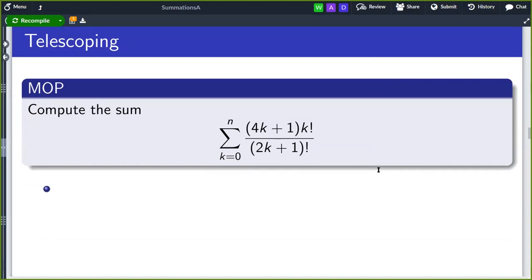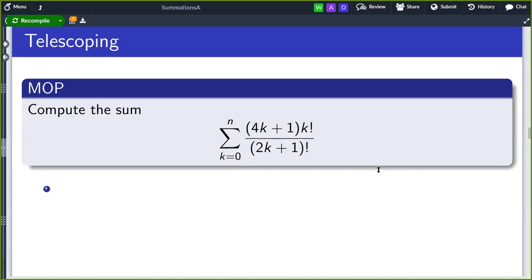Some people are suggesting to write the first couple of terms. This is a good idea to try for a lot of questions, but actually for this question, you're probably going to need a lot of terms in order to notice anything. So the point is we probably just want to find a way to telescope it normally.